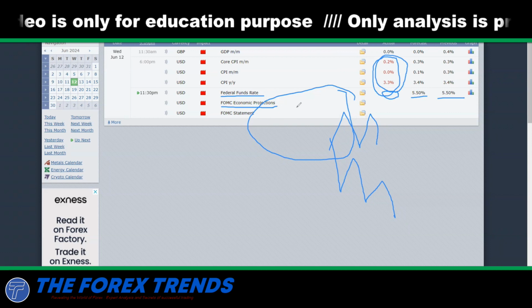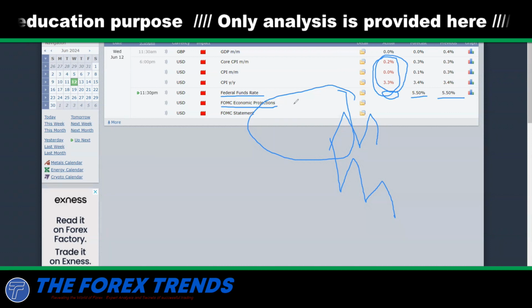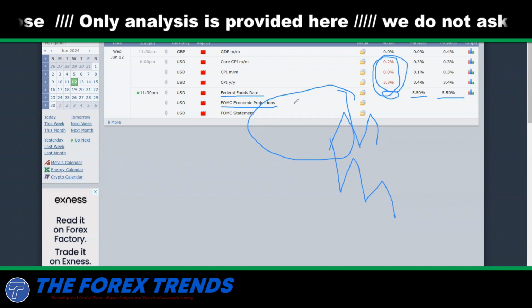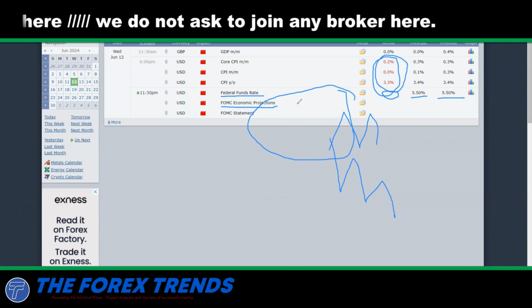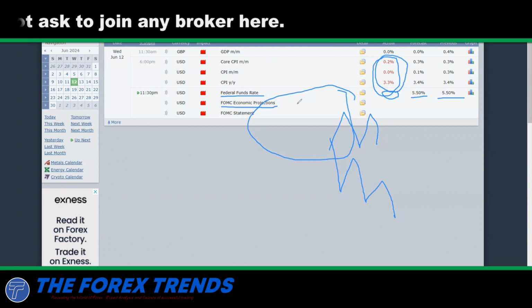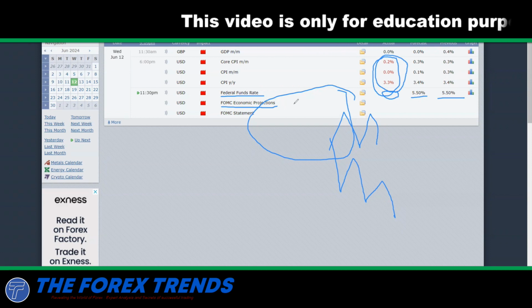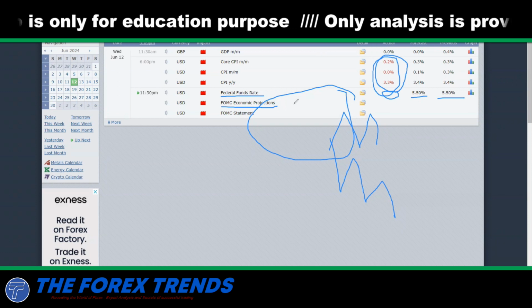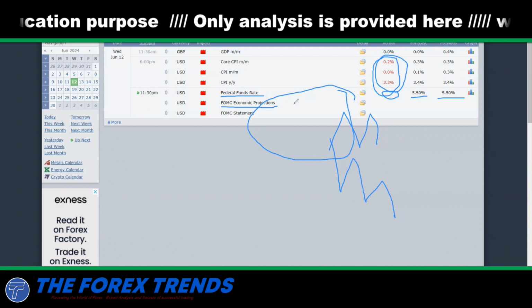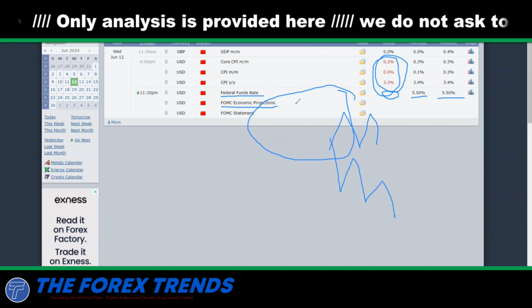Everything is projected on this dot plot report, so we have to concentrate on it tonight, and definitely I will discuss this dot plot report in tomorrow's video. So that's all in fundamental and technical.